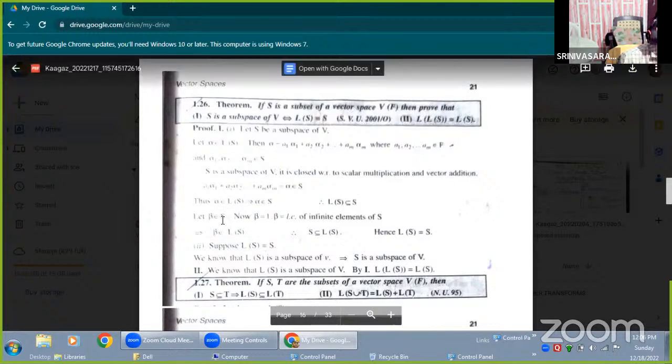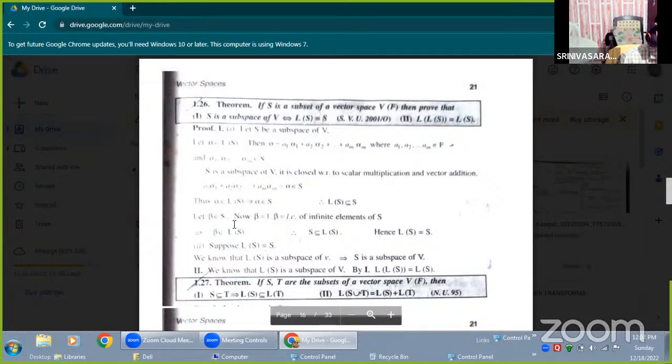And similarly, beta is also some element of the subset. Beta can also be written as 1 into beta, where 1 is the scalar. Therefore, this is scalar multiplication, so a linear combination of the elements of S. Therefore, beta being any one of the vectors can be rewritten as a scalar multiplication, and at the same time, this is a linear combination of the subset.